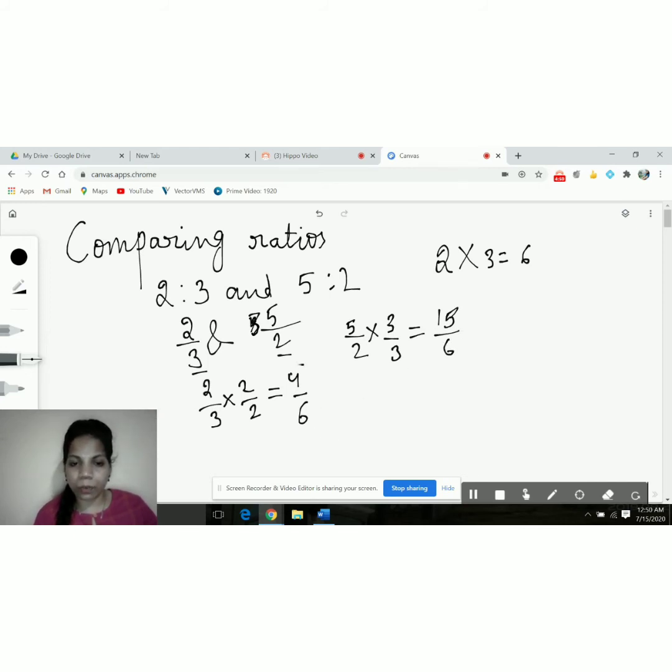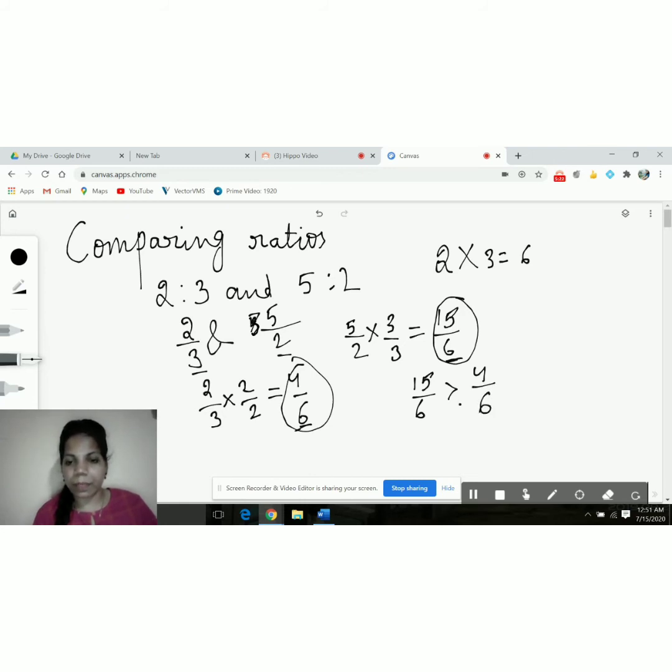So here I got 4 by 6 and here 15 by 6, right? So both fractions are like fractions. They both have the same denominator. Now we will compare numerators. Here the numerator is 4 and here the numerator is 15. Which one is greater? 15, right? So 15 by 6 is greater than 4 by 6.